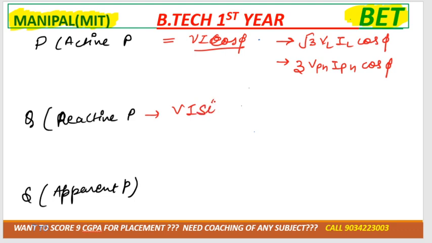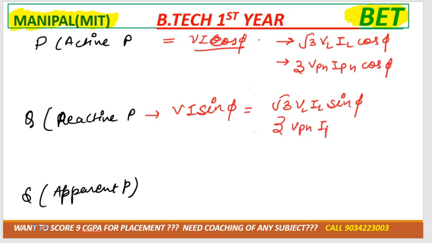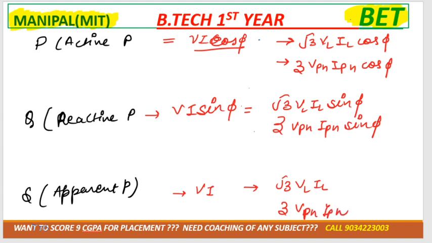Reactive power would be VI sin phi, so it would be root 3 VL IL sin phi, or 3 VPH IPH sin phi. Apparent power for single phase is VI, so for three phase root 3 VL IL, or 3 VPH into IPH. The unit of active power is watt, unit of reactive power is VAR, unit of apparent power is VA.